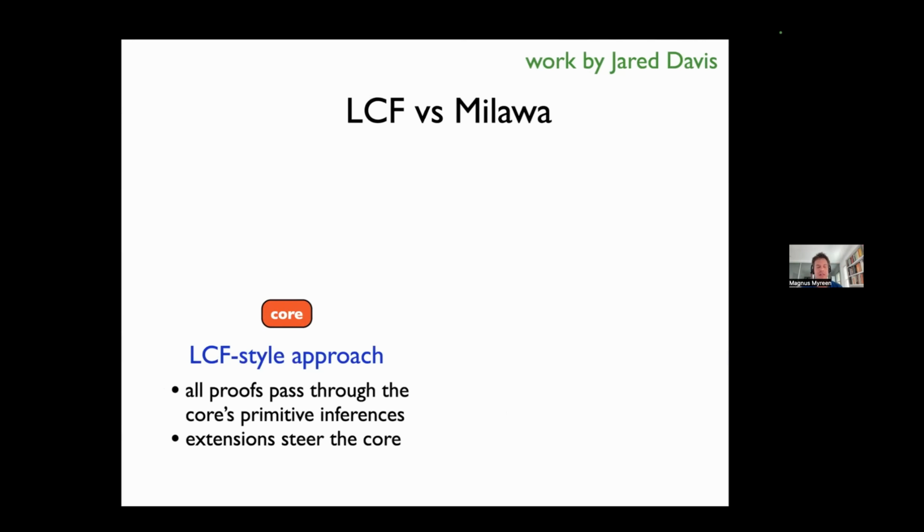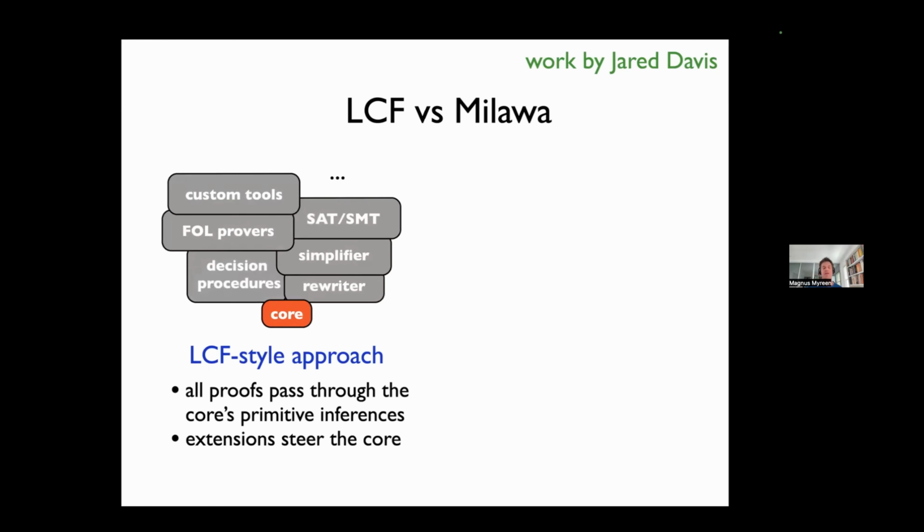So I just want to say that Milawa was a really cool, or is a really cool, theorem prover concept. In the LCF style approach that I described earlier, with Milner's approach, you have a little core of code that implements the logic and has this theorem type. To make it a nice system to use, you write a bunch of code on top of it that implements a rewriter or a decision procedure or a simplifier or a first-order logic prover or SAT, SMT connections.